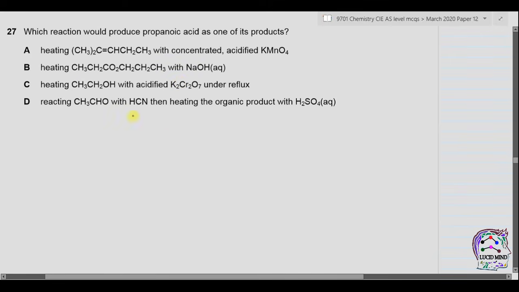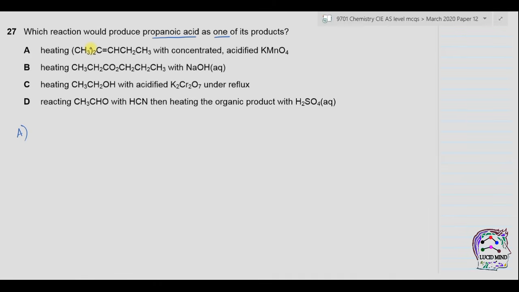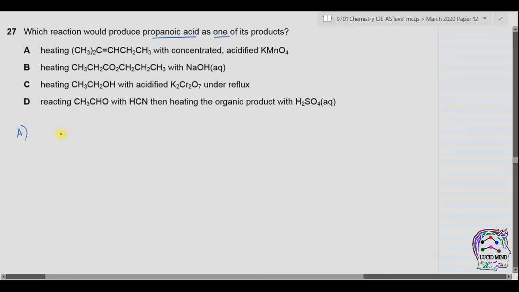Question number 27. Which reactions would produce propanoic acid as one of its products? So there are 4 different types of reactions, A, B, C and D. Let's solve each of them in detail. First A, heating with concentrated acidified KMnO4.